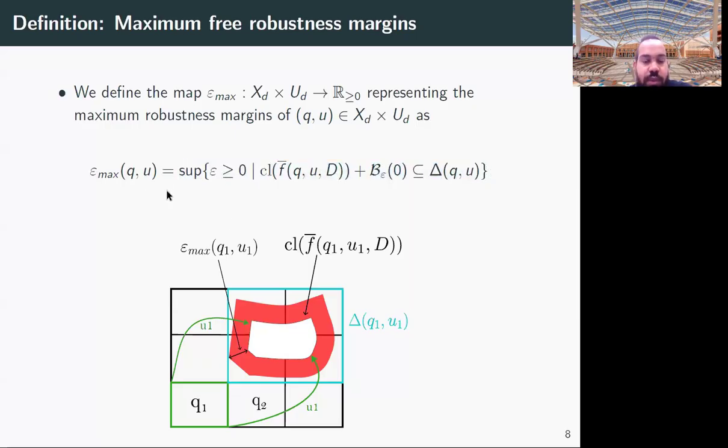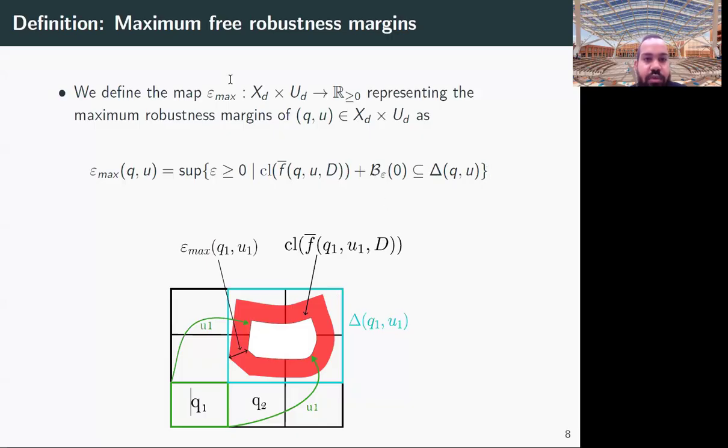We are looking for the maximal epsilon such that the reachable set of Q and U plus a ball of radius epsilon remains inside the discrete successor of Q and U. Here in this graph, we can see it clearly. We are looking for the maximal margin, which is the red margin, that if we add it to the reachable set, which represents the white region, it should remain inside this blue region.